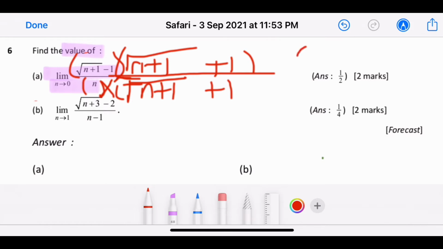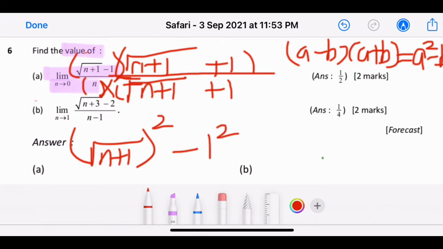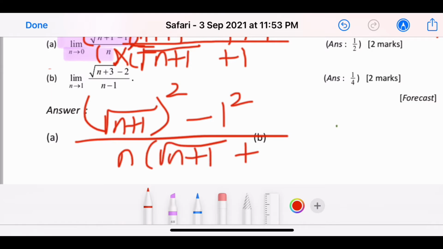So we have (a minus b)(a plus b). In short, we can write a squared minus b squared. So a is square root of n plus 1, squared, minus 1 squared, over n times the bracket square root of n plus 1 plus 1.